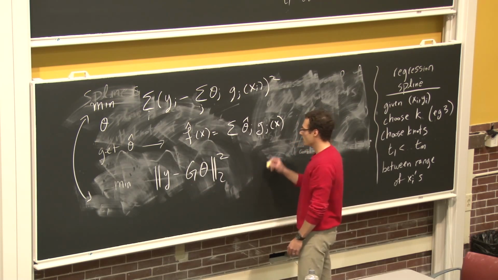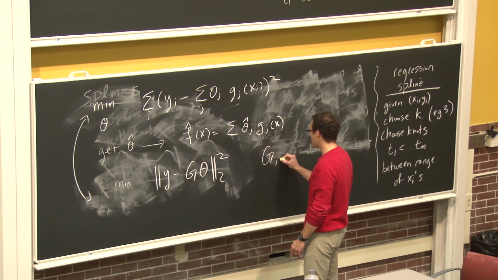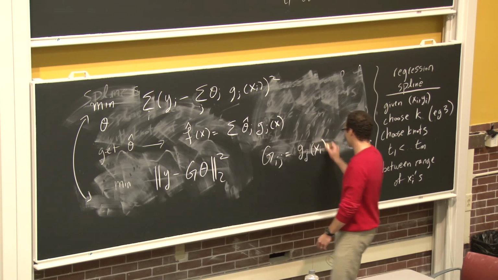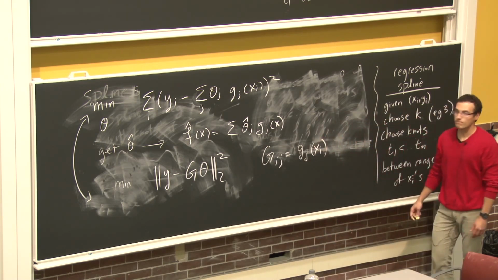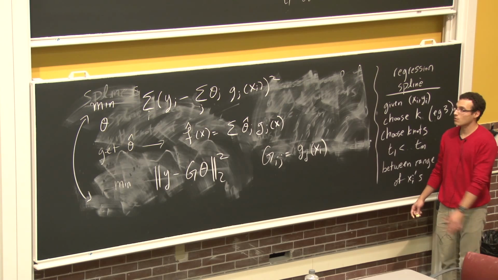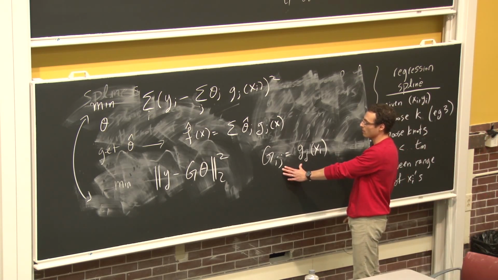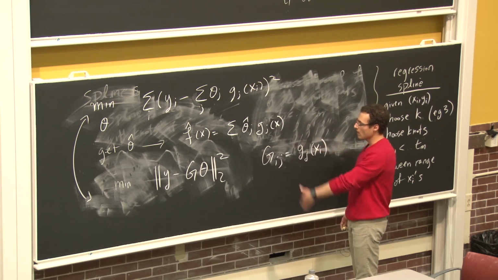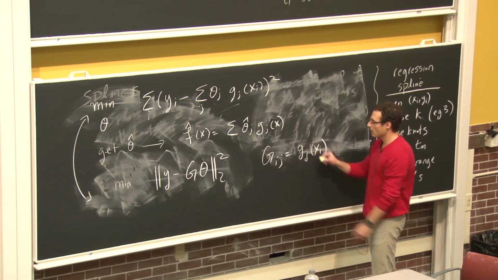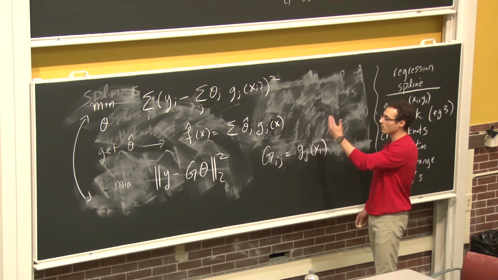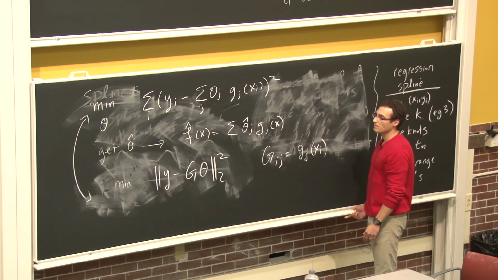G is going to specifically have elements that look like this. I just set up G according to this expression. So the columns of G contain the evaluations of a particular basis function g_j across all the predictor values x_i.